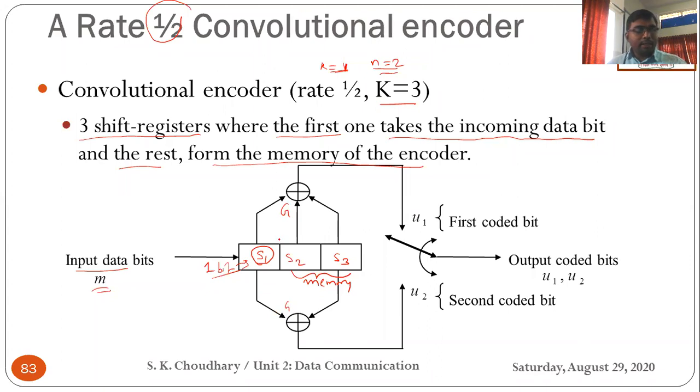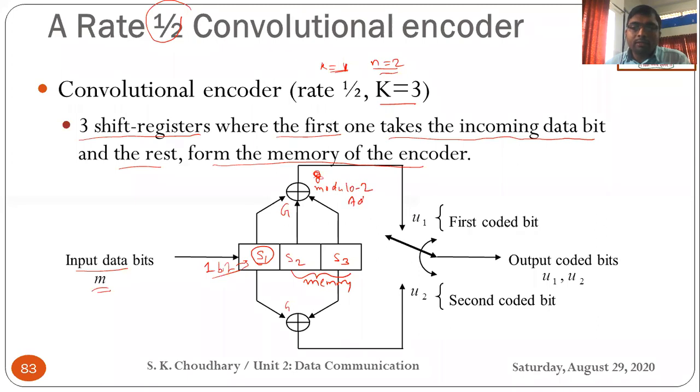Okay, so it is a generator vector, or connection vector, of convolutional encoders. So what happens here? We have to perform modulo 2 addition.